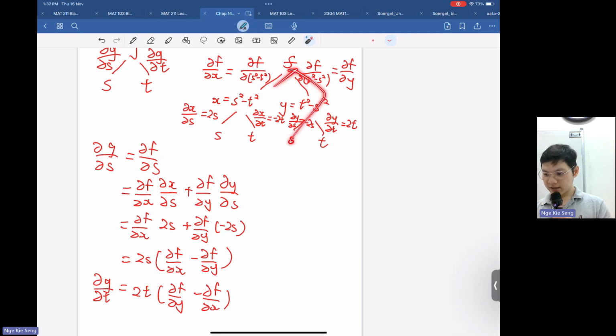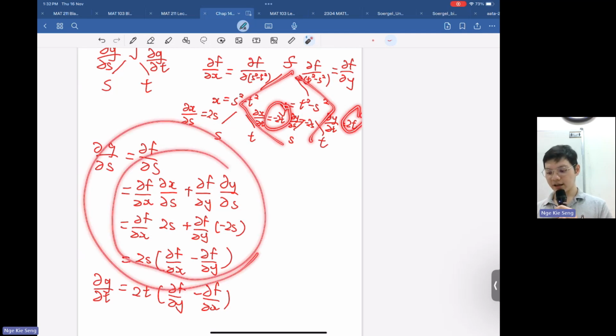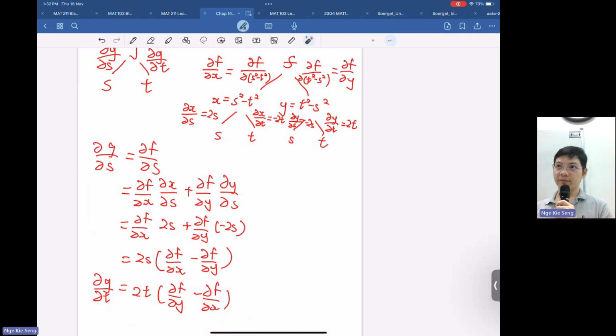Because you can see that the negative appears differently if you go through the t path. The first path is positive and the second path is negative, but if you go through the t path, the first one is negative and the second one is positive. You can go through the same process and see that this answer is true.